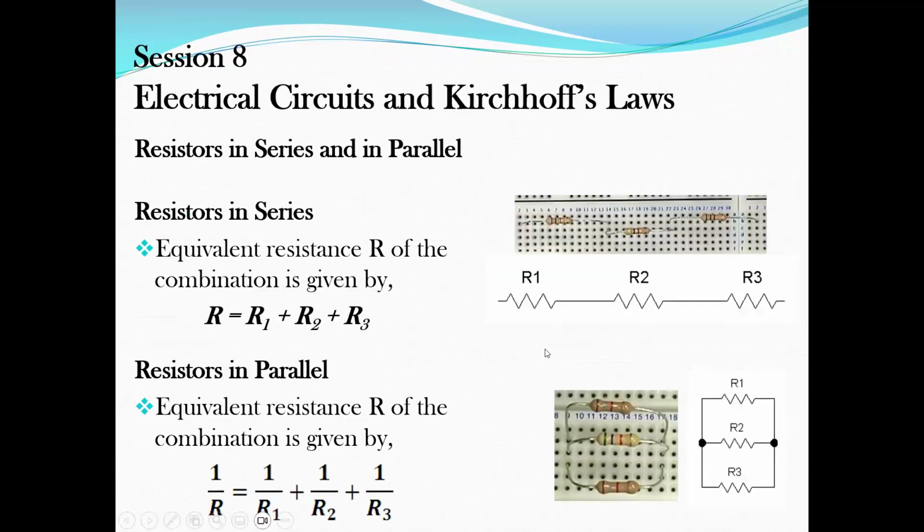Then the other one is, last day we discussed the resistors in series, the equivalent resistance. Series means the current flowing through this part is common. In a series circuit, we can find the resultant resistance as R1 plus R2 plus R3, right?